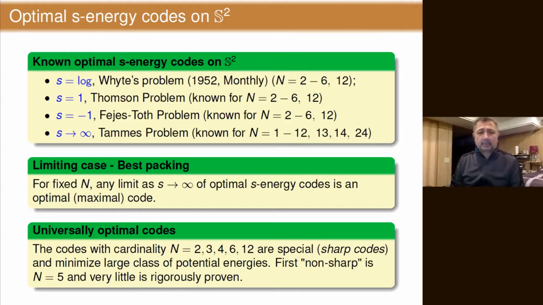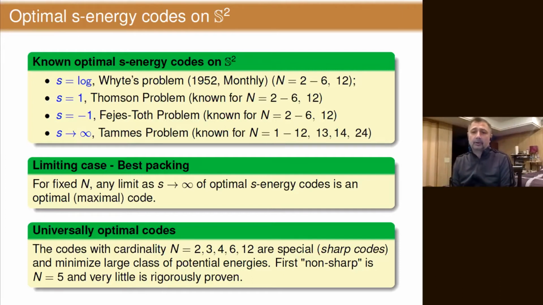And the Tammes problem, when s approaches infinity, that's the best packing problem. The solution is known from 1 through 12. 13 and 14 was a recent contribution of Oleg Musin and Tarasov.